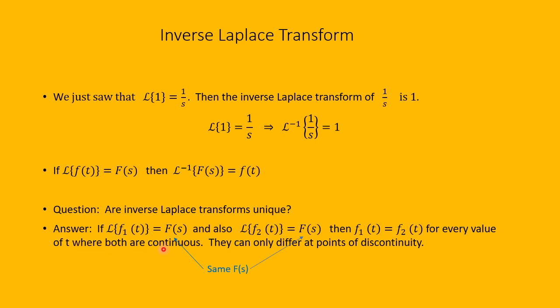So if they have the same Laplace transform, these two functions can only differ at points of discontinuity. That does not seem surprising because changing the value of an integral at 1 or 2 or a finite number of points doesn't change the value of the integral of that function.